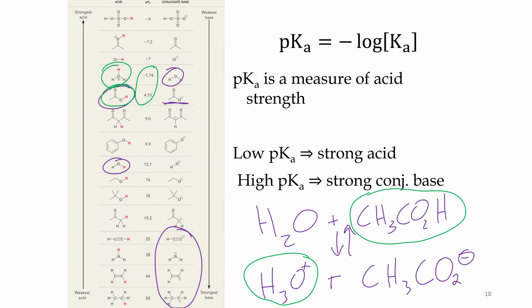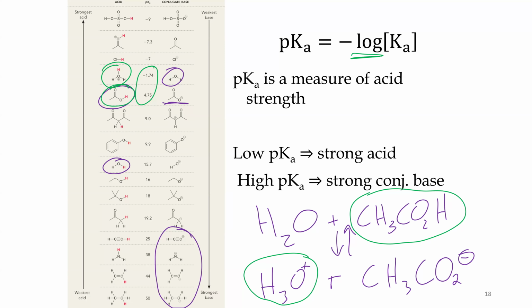The difference between these two has an exponential relationship because of this log term in there, right? If we want to know what the equilibrium constant is, not just that it favors the reactants, we actually want to put a number to the equilibrium constant.